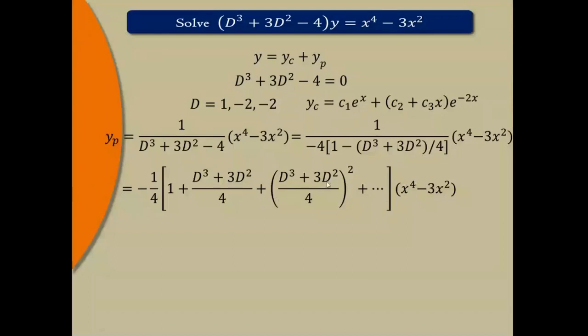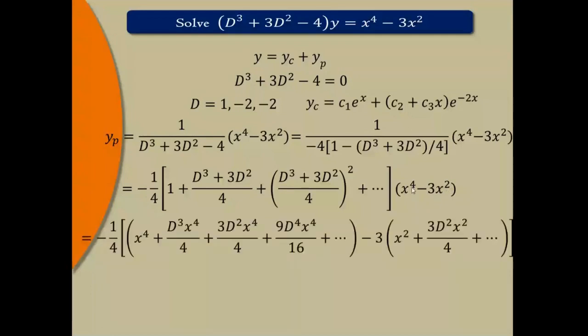Now open this bracket, multiply this x raised to 4 to each term, and for this take the power up to 4 only, and for this take the power of d up to square only. Skip higher power terms. So simplify it. If you open this bracket, what is the square of this? D cube square will be d raised to 6.